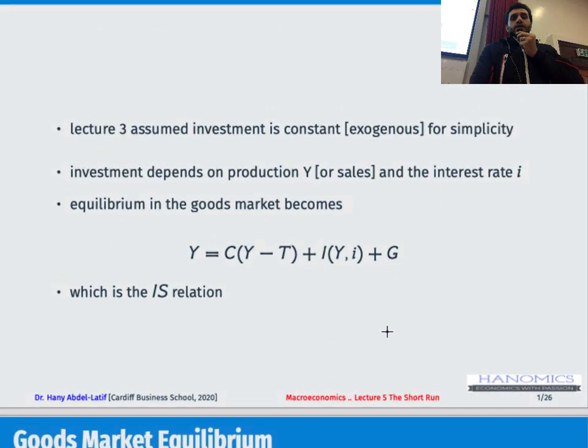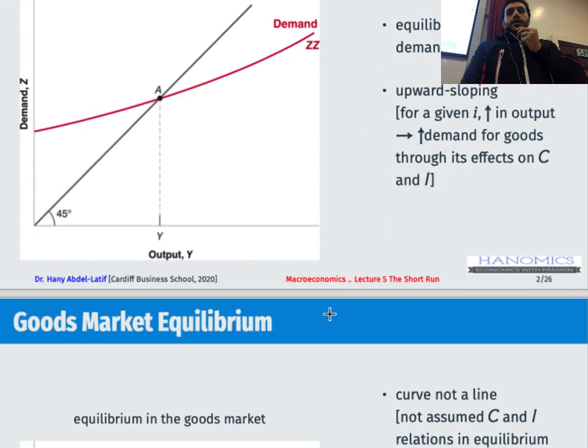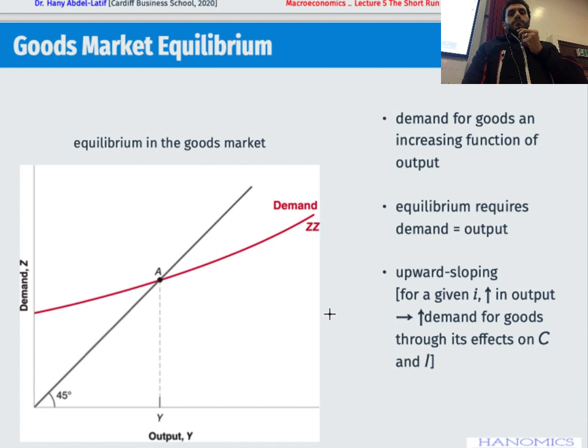So if I go back here, you will see consumption is determined by Y and investment is determined by Y. So if that changes, both investment and consumption will change. And that's why this curve, the aggregate demand, is an upward sloping curve.